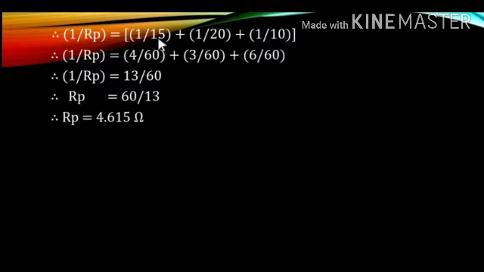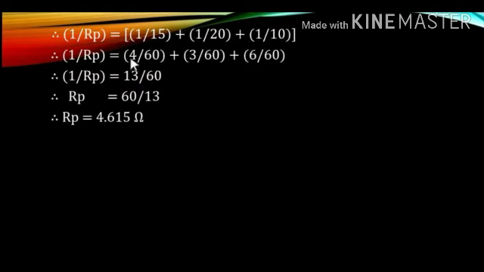If the denominator is multiplied by 4, numerator will also be multiplied by 4. Here the denominator is multiplied by 3 to make it 60. The numerator is also multiplied by 3. Here the denominator is multiplied by 6. Therefore numerator will be also multiplied by 6. Therefore we will get 4 by 60 plus 3 by 60 plus 6 by 60.